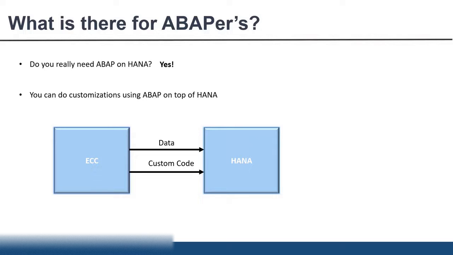Logically, when you say that HANA has a great capacity to handle huge amount of data at a very high speed, your custom code should run with a very high speed automatically. That means your custom code should run automatically with better performance on top of HANA. But does this happen in reality?